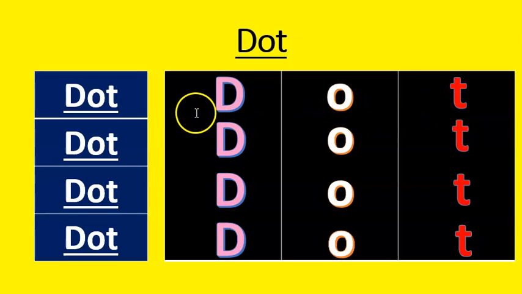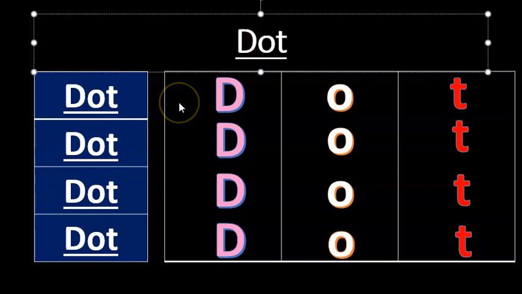Let me do it again for you. D, ought. One more time. Let me do it with you, then you're going to practice with me. D, ought. We're going to say those letter sounds and then come right here and say the words fast.